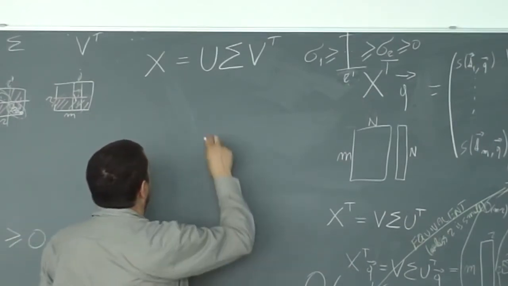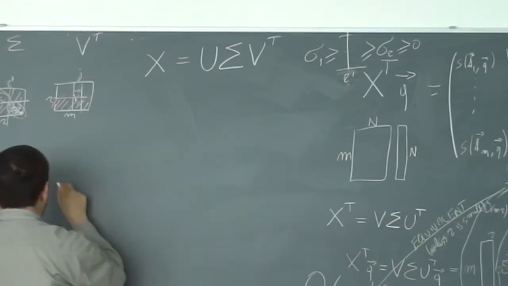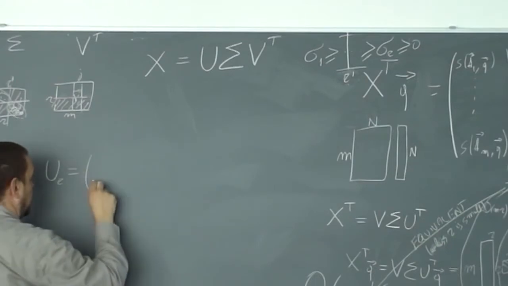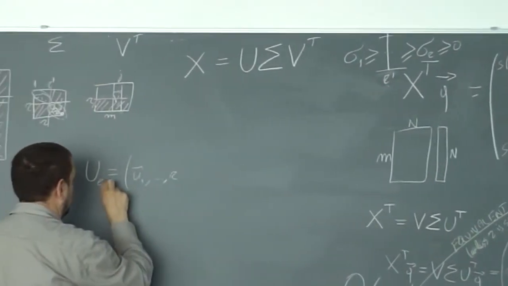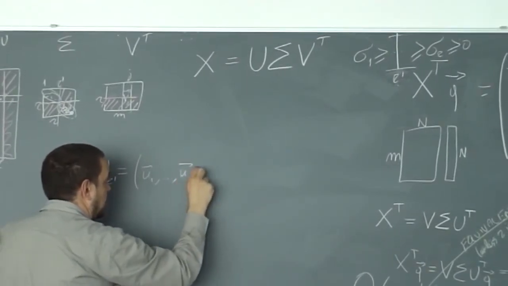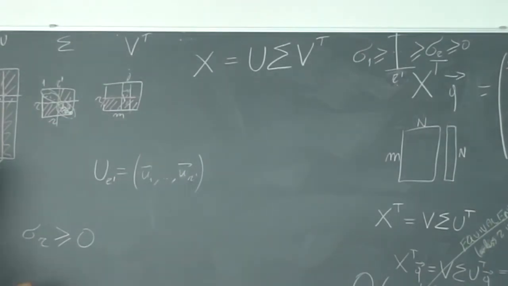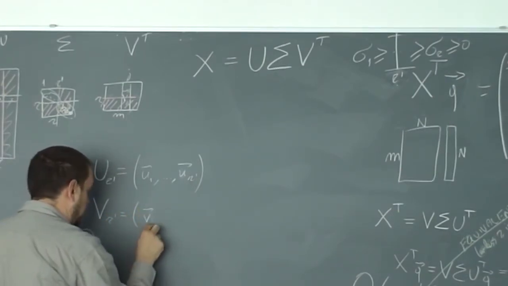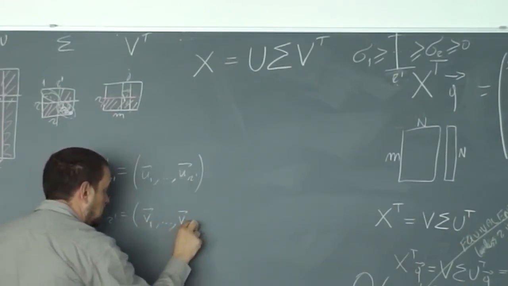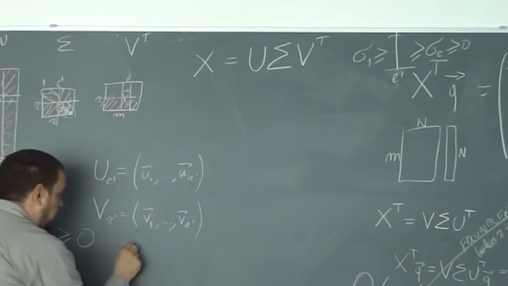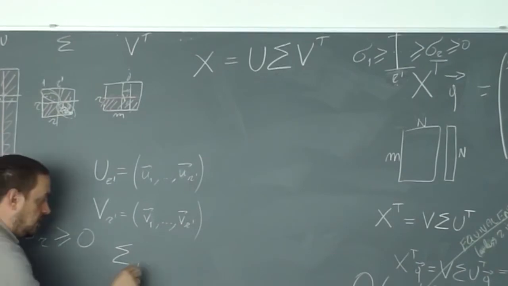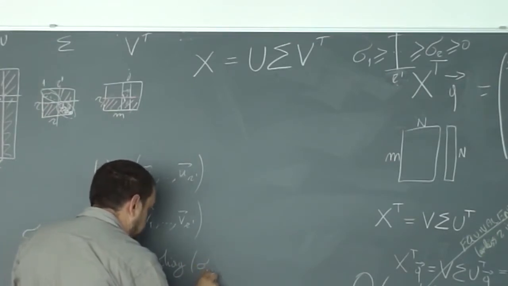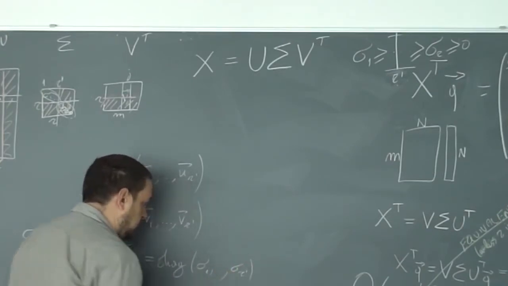So, you take an approximation U_R' by taking only the first R prime columns of U. You build the approximation V_R' by only taking the first R prime columns of V. We get, of course, the approximation sigma_R', by only taking the first R prime values.